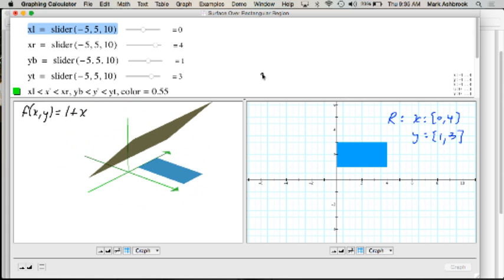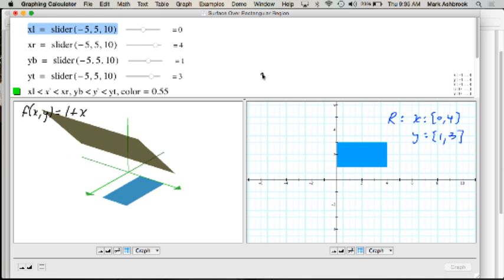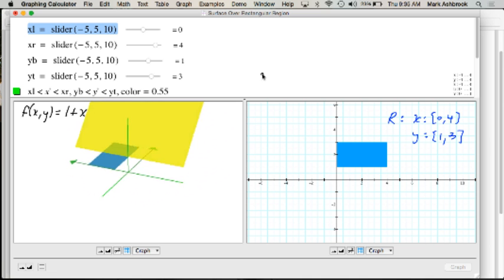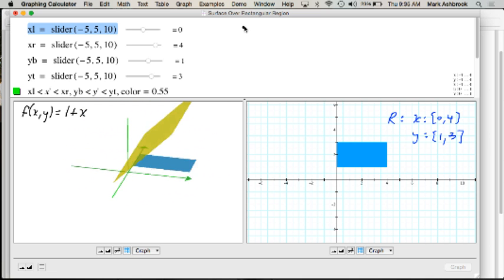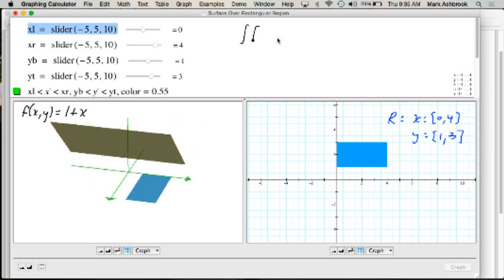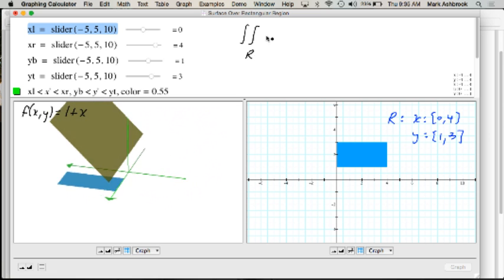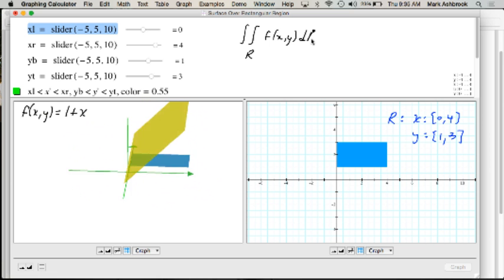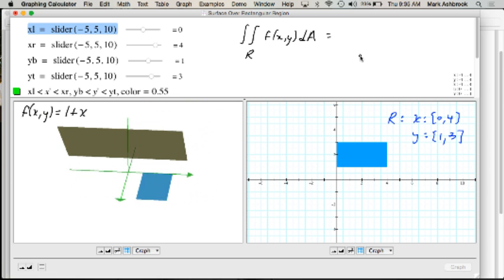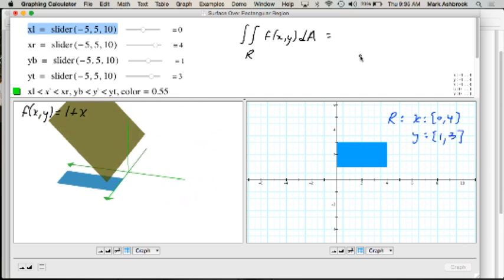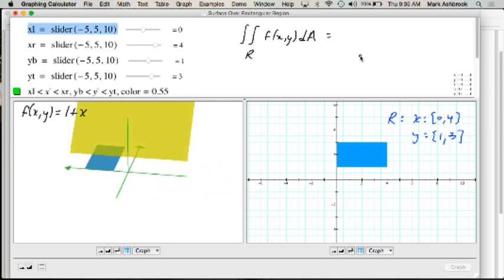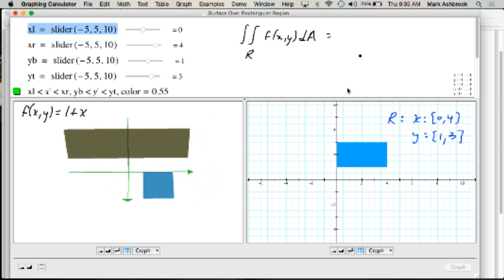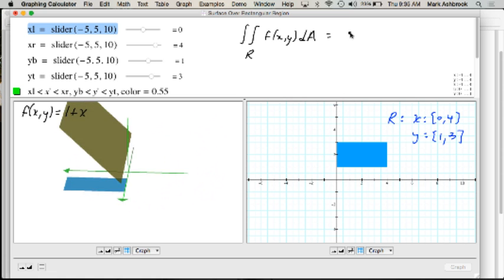That function could be a rate of change of some quantity with respect to two variables. Then we could say the double integral over R of f of xy dA. That's a generic way to write the double integral over a region R of some function dA.